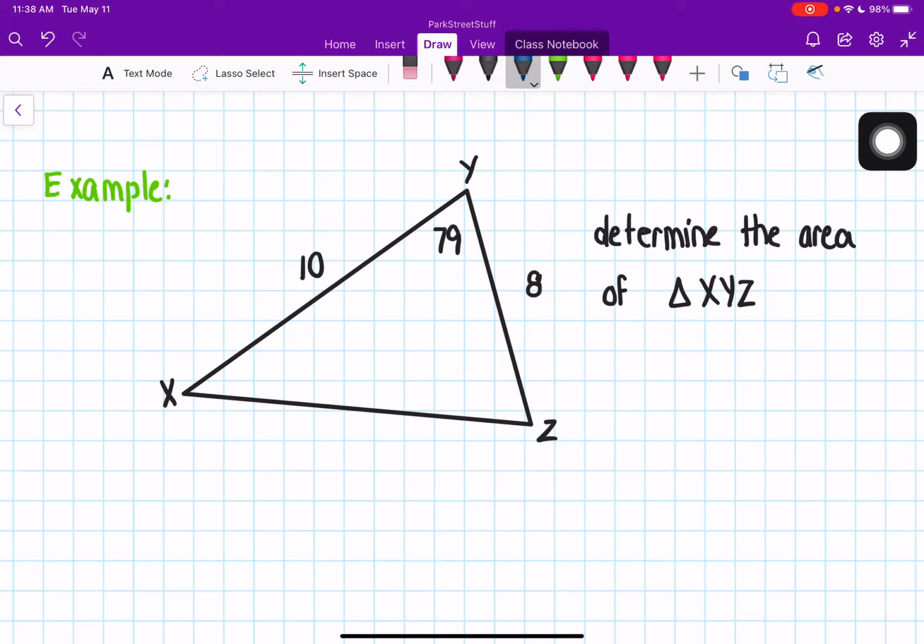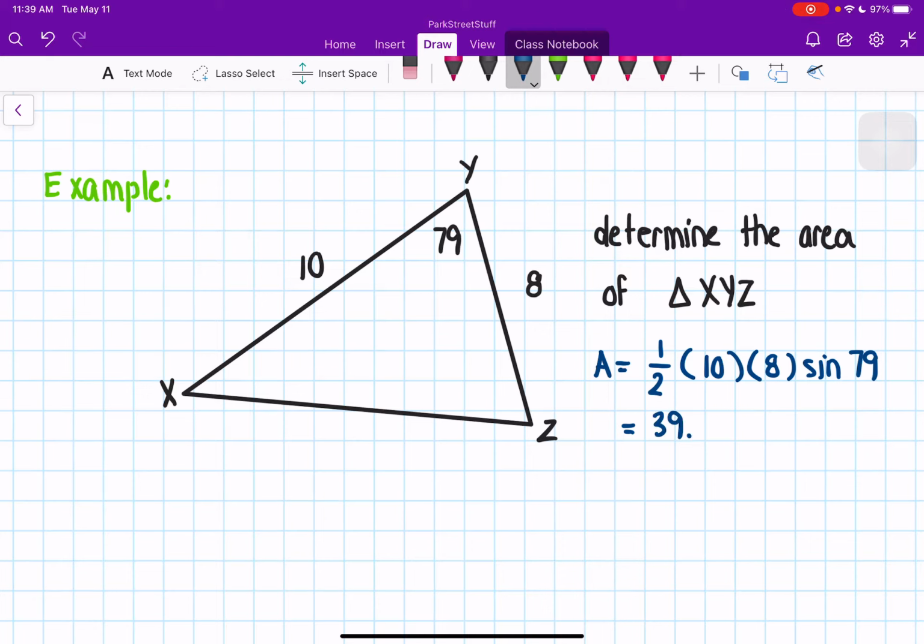So we're going to write it out. So area is half, and so now we have 10 times 8 times sine of 79. And that will give us an area of 39.27.